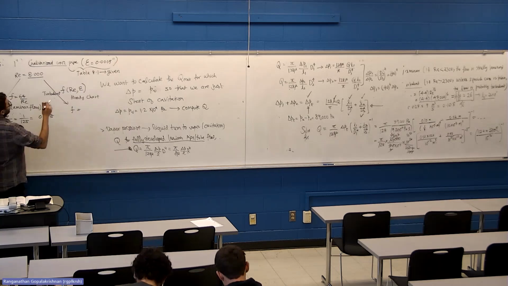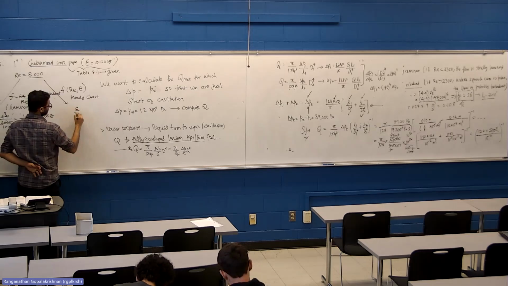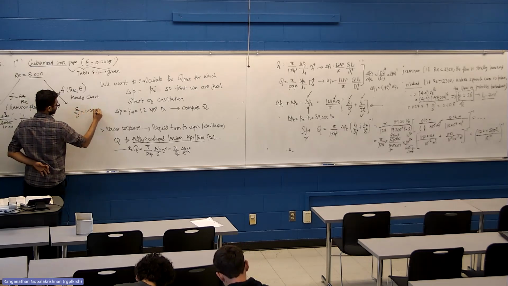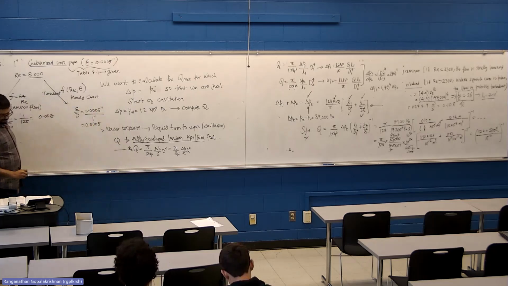So for this pipe, how much is epsilon divided by D? That's 0.0005 divided by 1, or this is 0.0005.